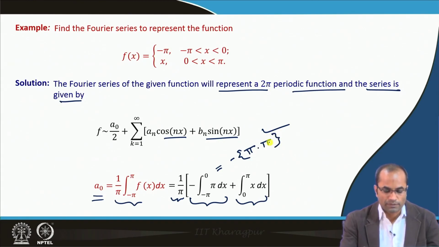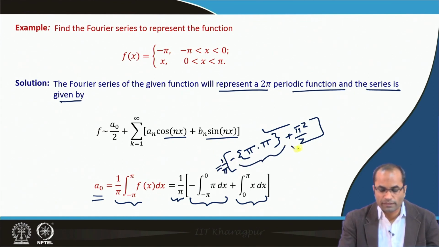So, this is minus pi square, and then pi square by 2 will come from the second one, and 1 over pi was also sitting there. So, minus pi square plus pi square by 2, and then 1 over pi is there. So, then here we have minus pi square by 2.